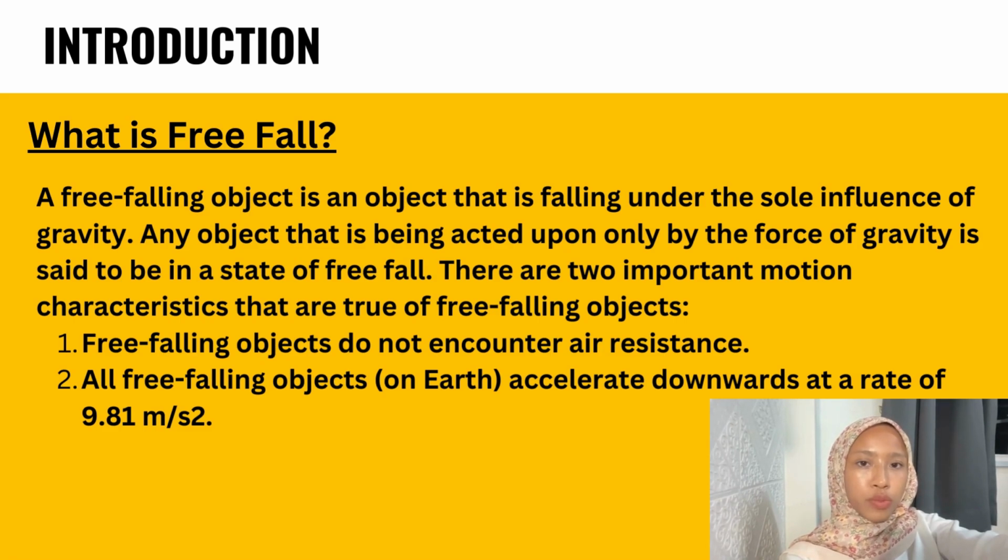There are two important motion characteristics that are true of free falling objects. First, free falling objects do not encounter air resistance. Second, a free falling object on Earth accelerates downward at a rate of 9.81 meters per second square.